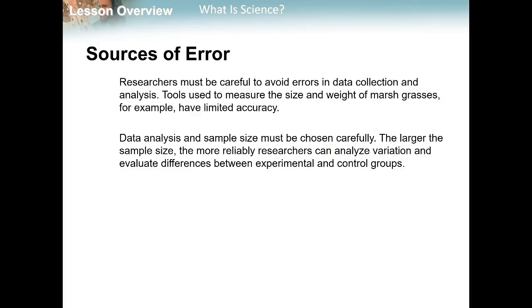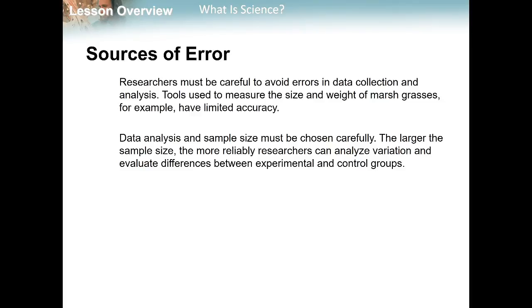So for example, if I were to use a regular thermometer to measure the temperature of a liquid, and I'm reading that thermometer and I say, oh, it's at 22 degrees Celsius, and I'm trying to count the little lines on the thermometer, is that going to be more accurate than a digital thermometer, where if I put a digital thermometer in and it tells me that it is 22.5 degrees Celsius, which one's going to be more accurate?